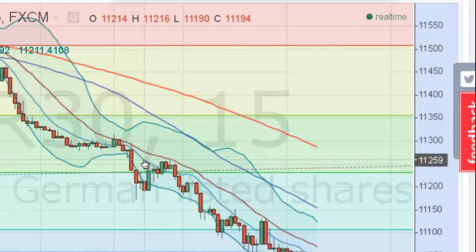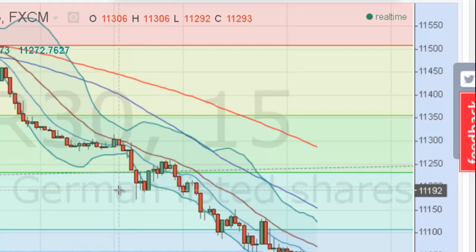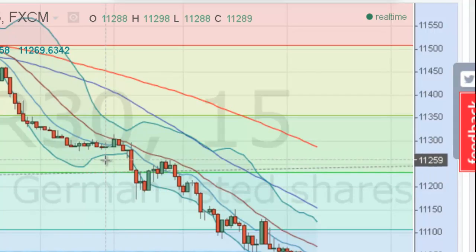Another way I could be looking at it is, okay, the market began this move, the low is 11,192, so it's gone all the way up to 263. So maybe, yeah, the gap between here and here is basically 70 euro.